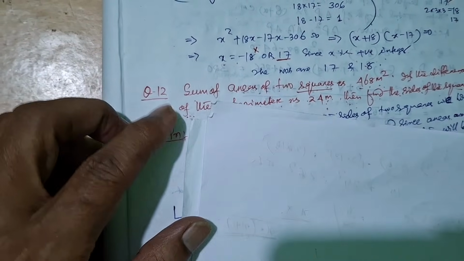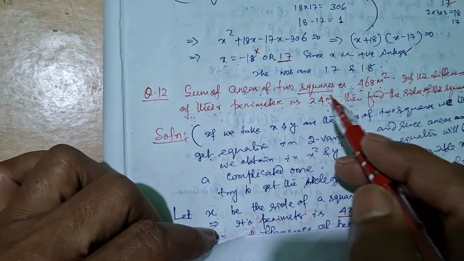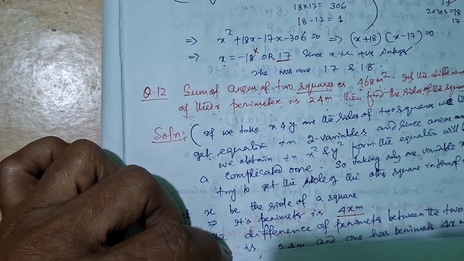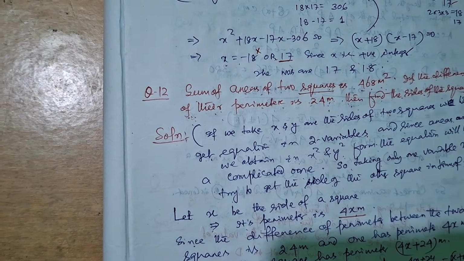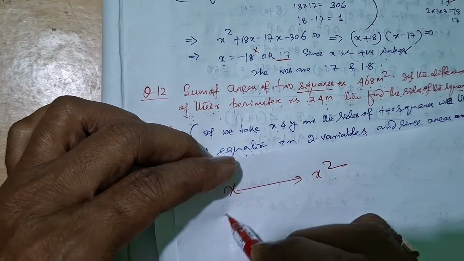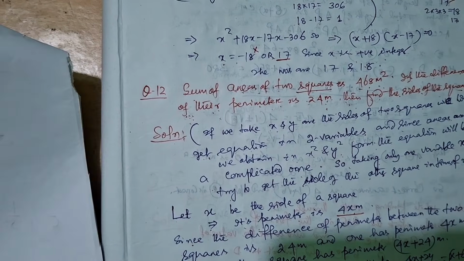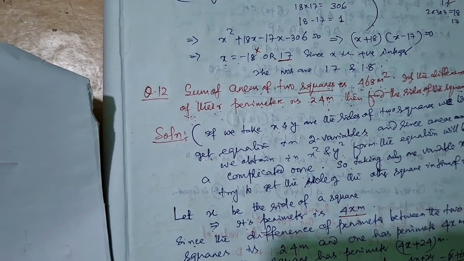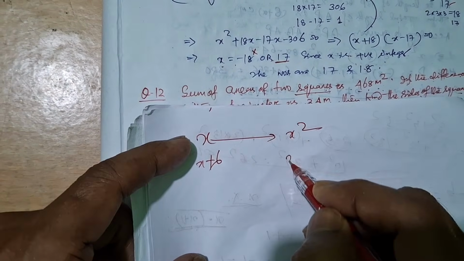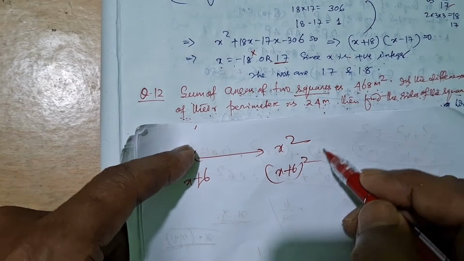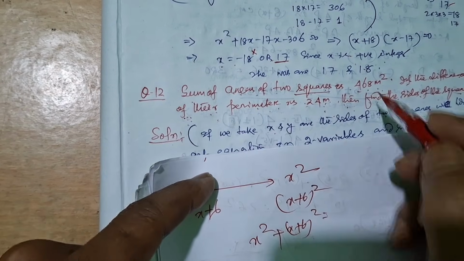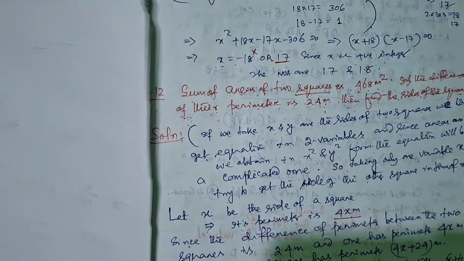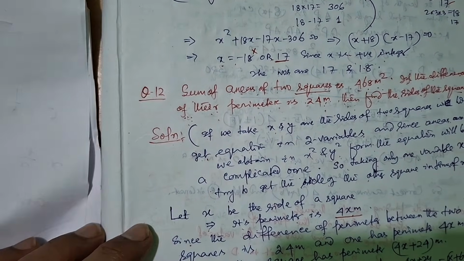From this area sum you can develop the equation. One area is x square, the other is x plus 6 square, and their summation, x square plus x plus 6 square, is 468.